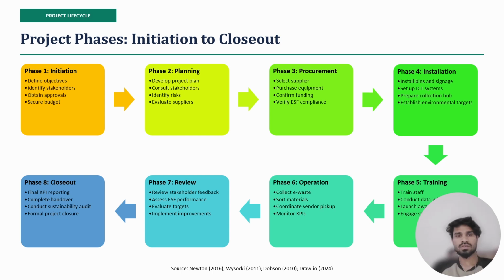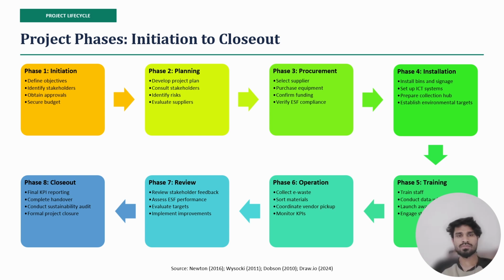Phase 1 is initiation, where I define ESG objectives, identify all 20 stakeholder groups, obtain admin approvals, and secure the budget, without the formal mandate the project lacks institutional support at the later stages.